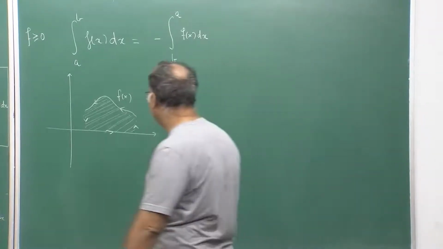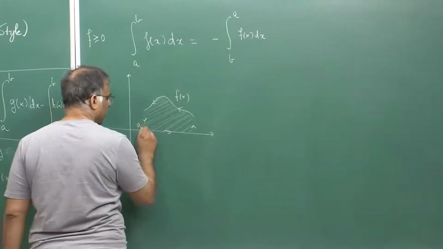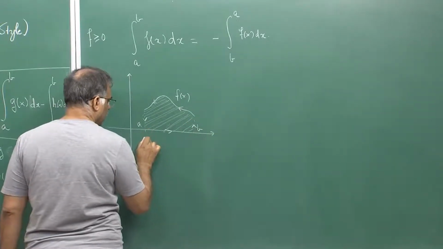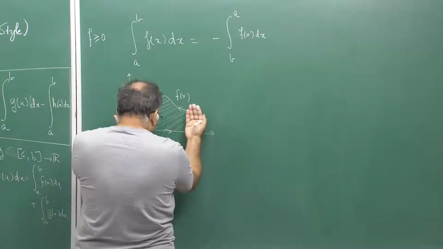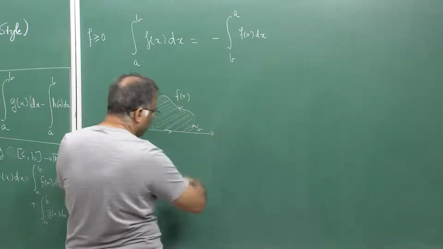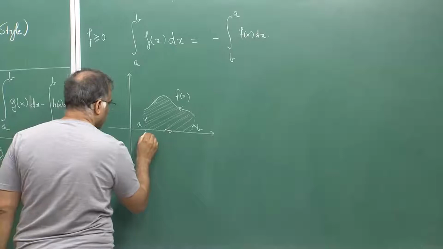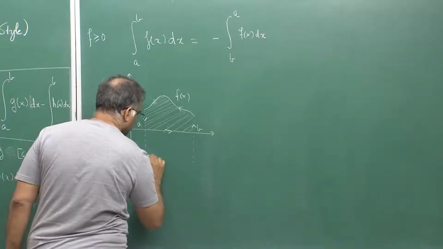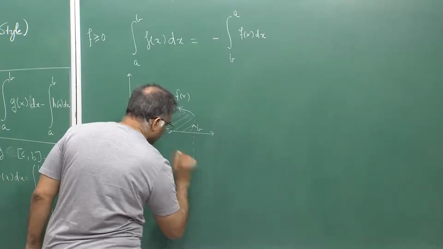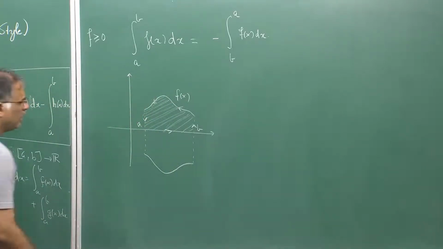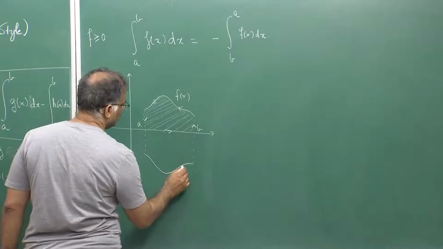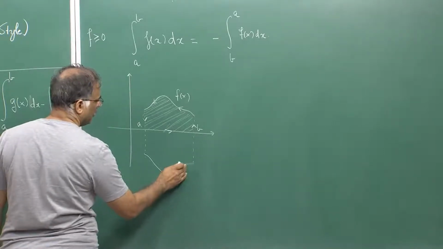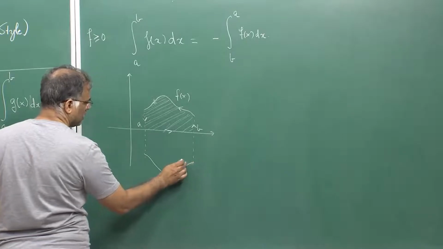Now, if I now come to, so this is my A and B, so start from A and go to B. Now, just reflect the graph of the function on the x-axis. So, what you will get? This is nothing but minus f, right, maybe the graph should look a bit like this, whatever.